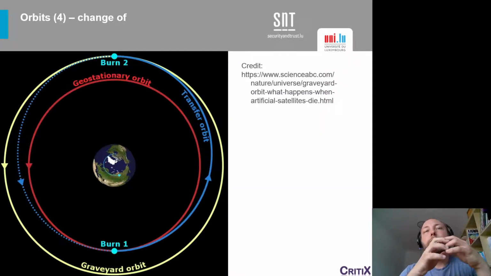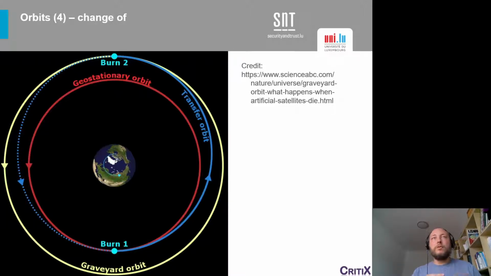Obviously, there are some tricks. It's not that you can go wherever you like, because there's always a limit on the power and the fuel that you have. Therefore, there are some tricks for traversing between orbits. They're called Hohmann maneuvers.